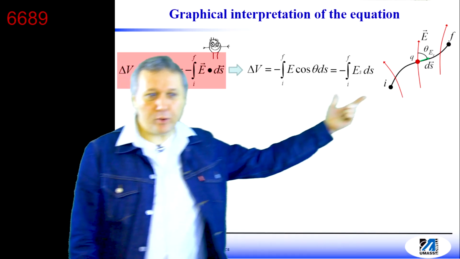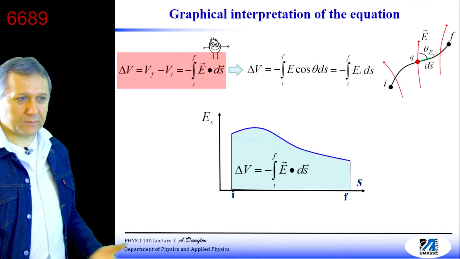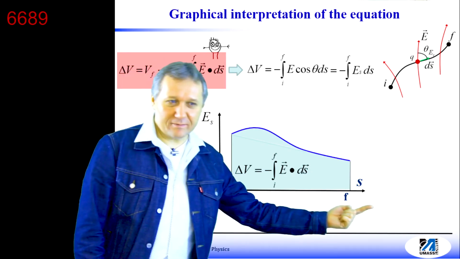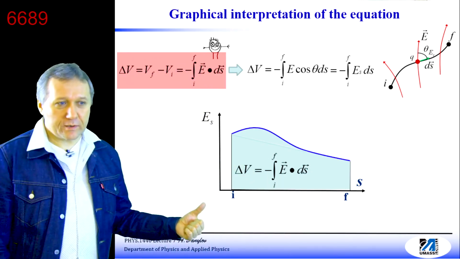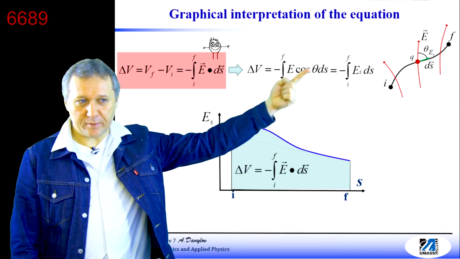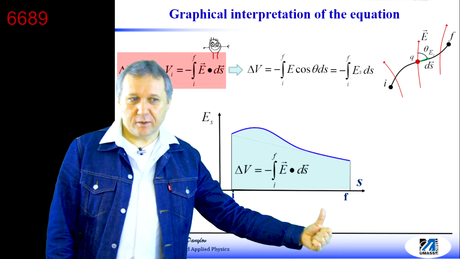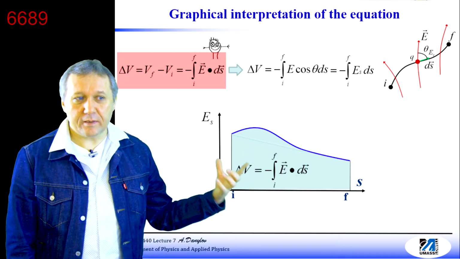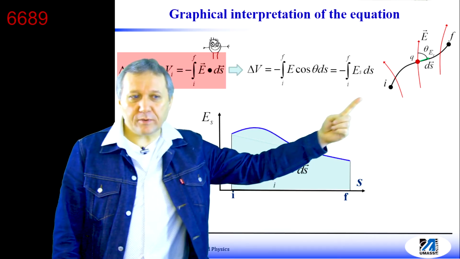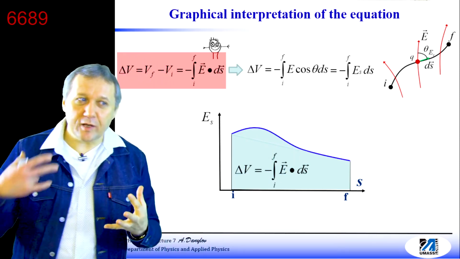So in this case, if I plot E sub S versus S, and of course, this is some initial point, you see in the integral, lower limit and upper limit, right? So it's a beginning and the end. So the area under this curve is the value of the integral. But of course, don't forget about this minus in front. So instead of calculating the integral, we're going to calculate the area.